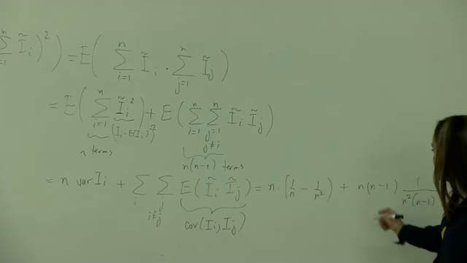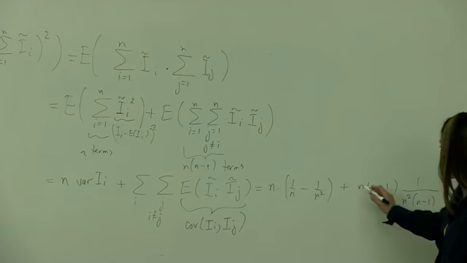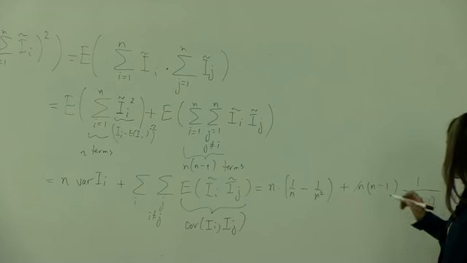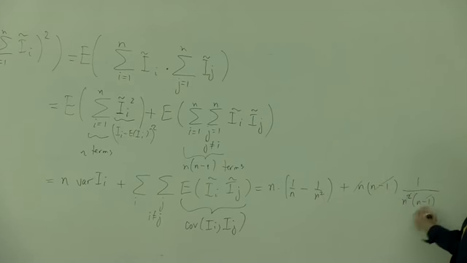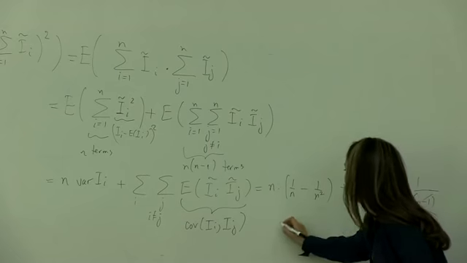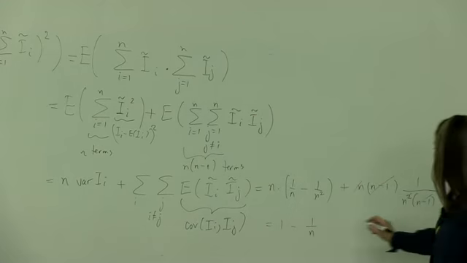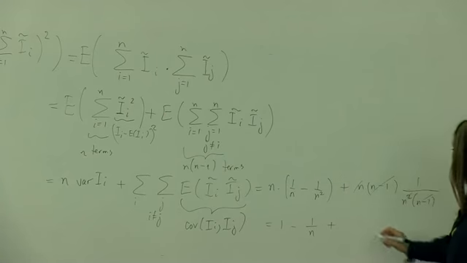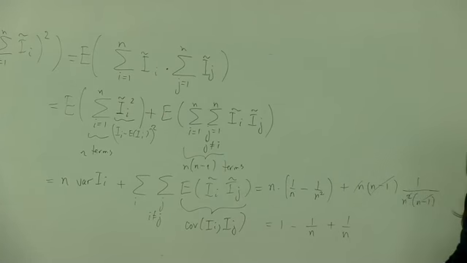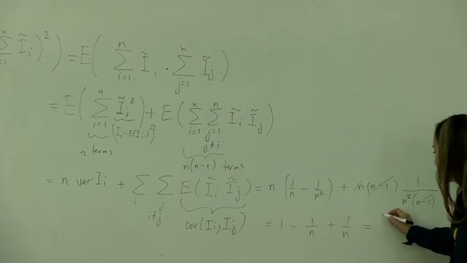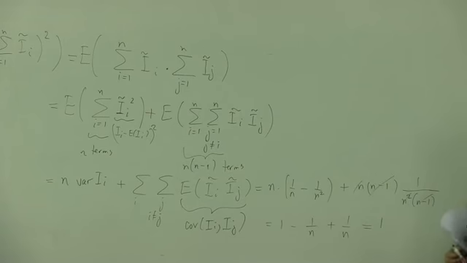So, let's make the easy cancellations. I have 1 minus 1 over n plus 1 over n.